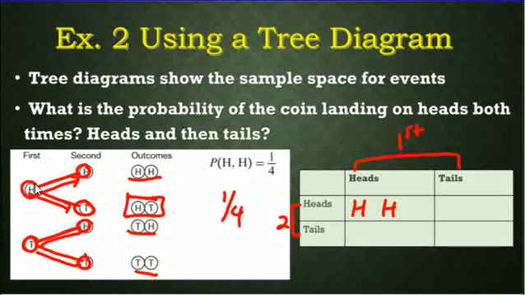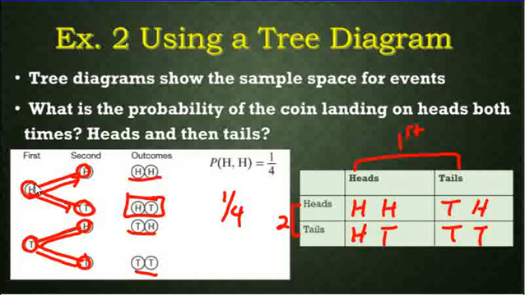It'd be, yeah, tails and then heads. Over here, you would have heads and then tails, and then you'd have tails, tails. So the same options there as you do over here. So you can see, okay, how many double H's do we have? There's 1 out of 4. How many heads then tails? Still 1 out of 4.